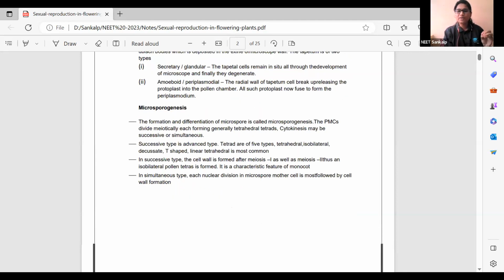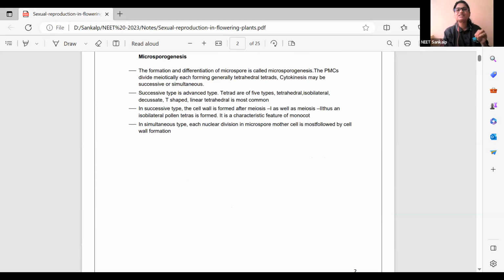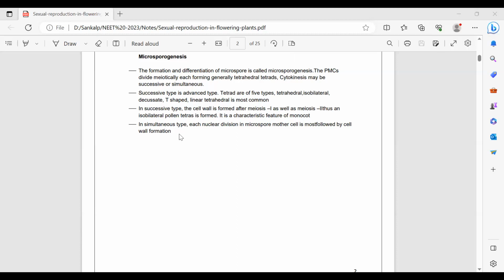Now tell me how many wall layers are there for the anther? Jyoti said it is there in the group. Guys, please check it. How many layers are there around the anther wall? 1 to 6?